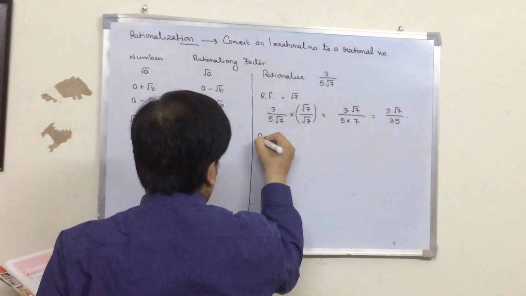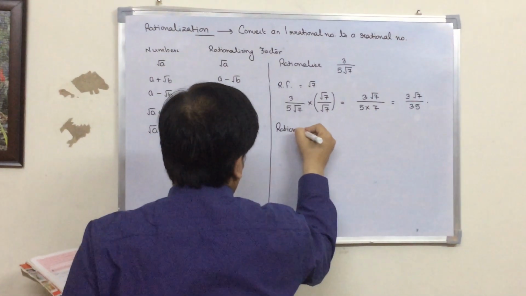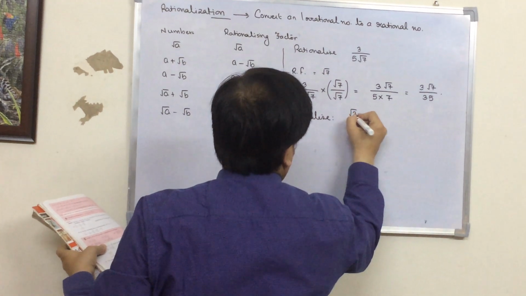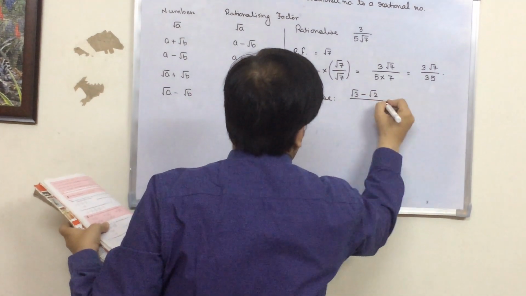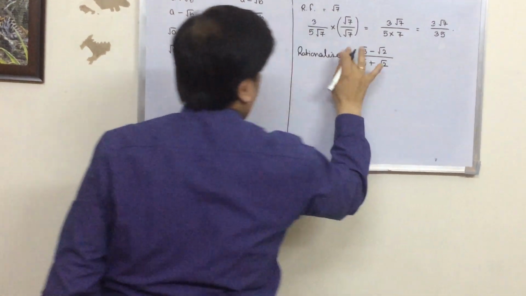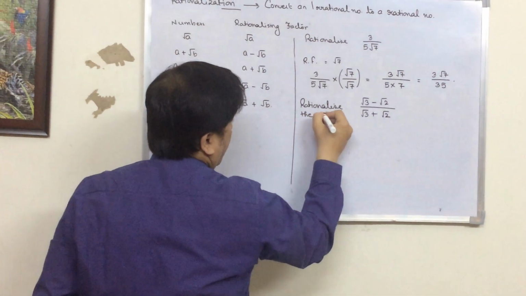Suppose we have to rationalize under root 3 minus under root 2 upon under root 3 plus under root 2. We have to rationalize the denominator.